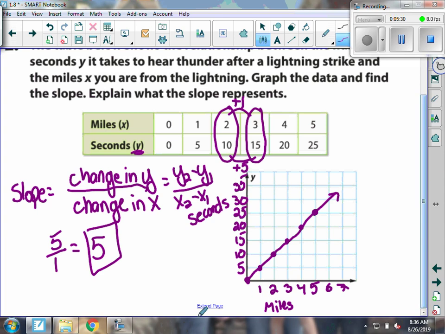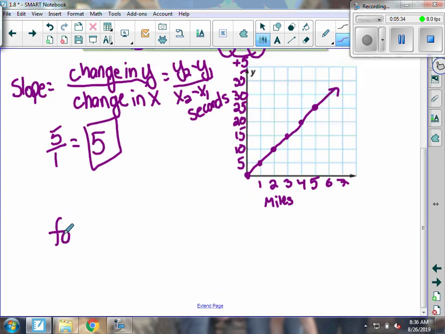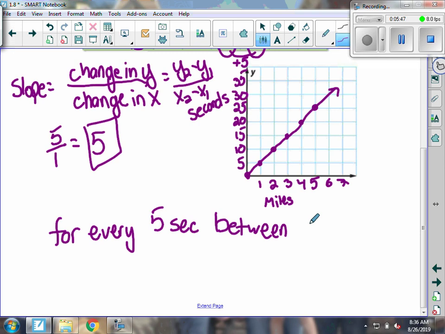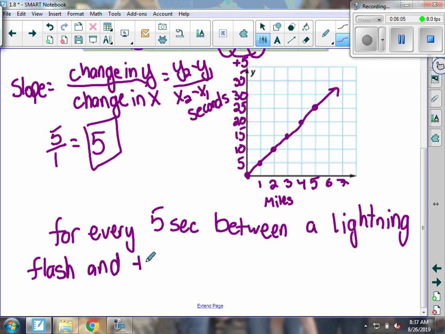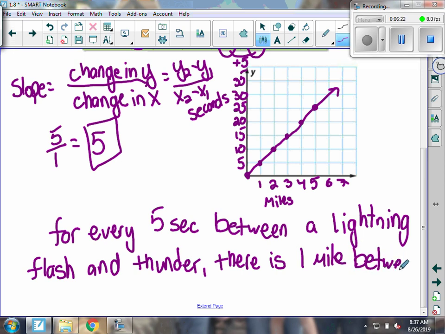Now we need to explain what this represents. What this represents is for every 5 seconds between a lightning flash and thunder, there is 1 mile between you and the lightning strike.